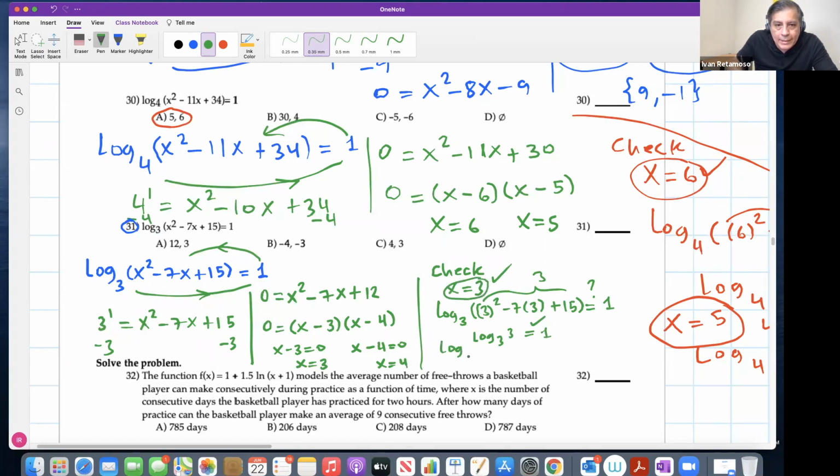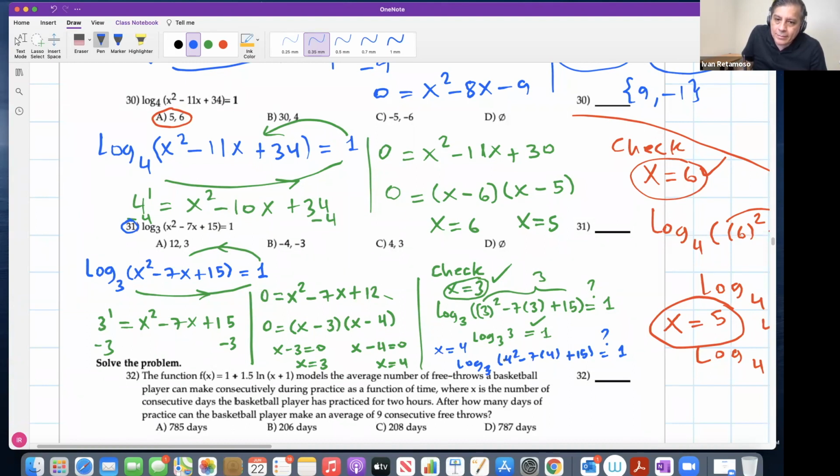And the other one, x equals 4. Log base 3 of 4 squared minus 7 times 4 plus 15, is this equal to 1? 4 squared is 16, minus 28, plus 15 is just 3.